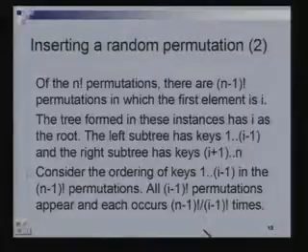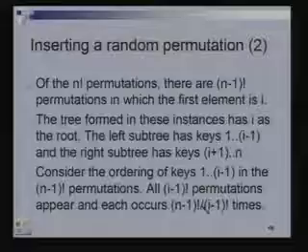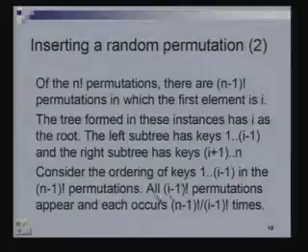You can also think of it in a slightly different manner. You have these i minus 1 elements somewhere, and the other n minus i elements are getting inserted at different places here. So, how many different permutations are there of those n minus i elements that are getting inserted? You can compute that and it will be exactly this quantity, but this is a simpler argument.